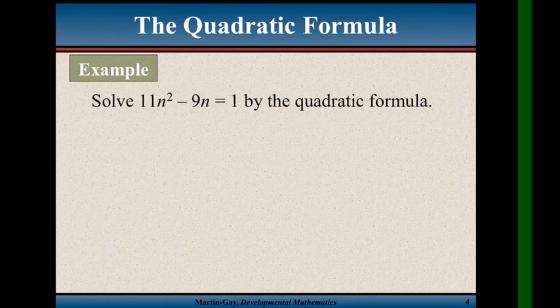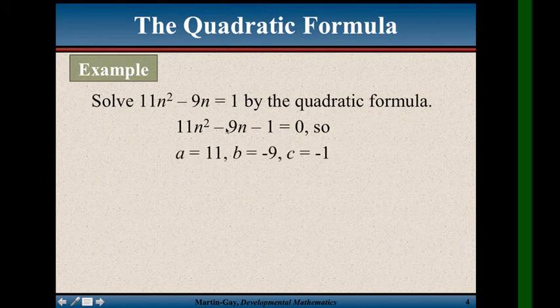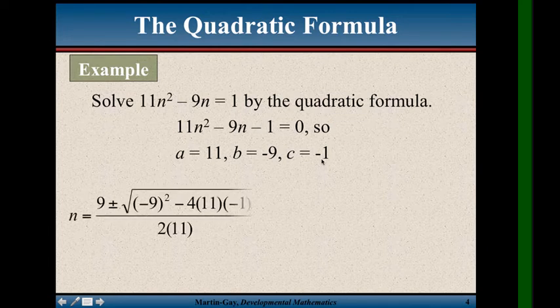By the quadratic formula, we need to first transpose 1 to make our equation ax squared plus bx plus c equals 0. So it becomes 11, negative 9, and negative 1. So our a is 11, b is negative 9, c is negative 1. So substitute all of this into the formula.